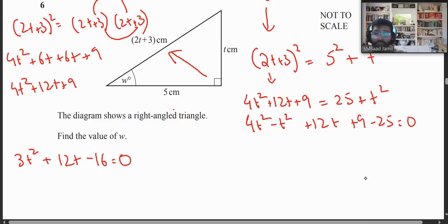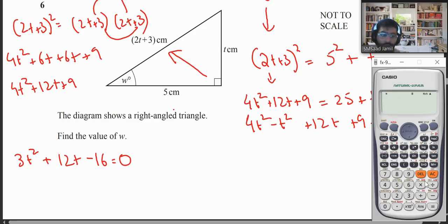So now we'll do 3 multiplied by minus 16, which is actually minus 48.